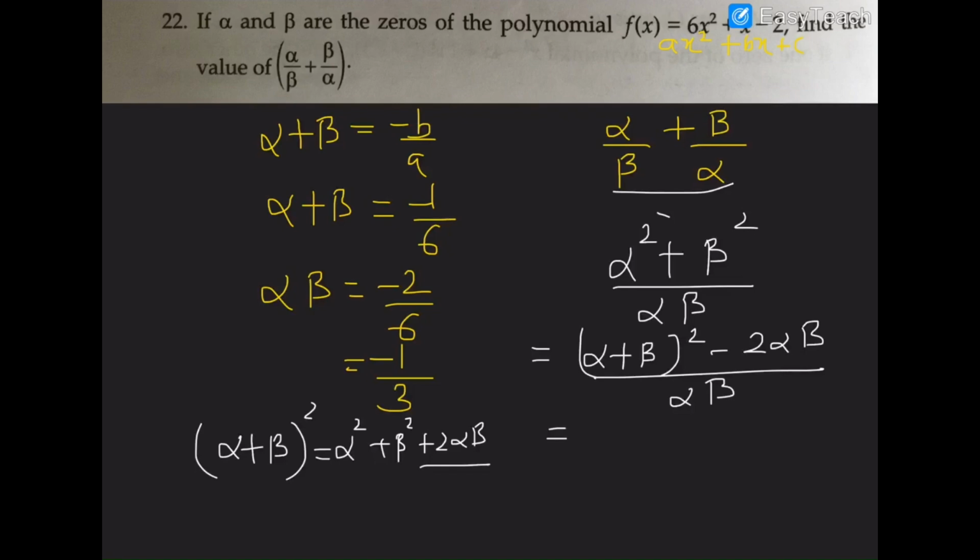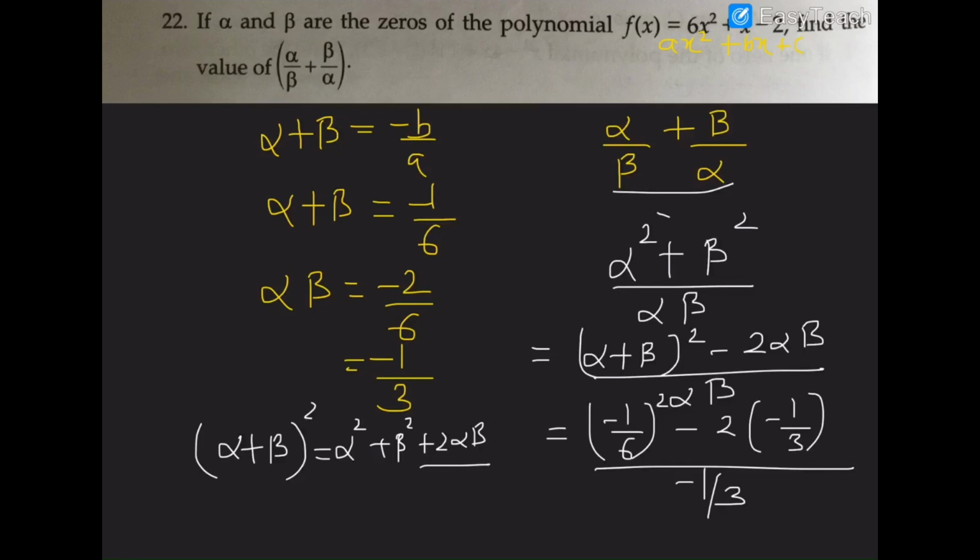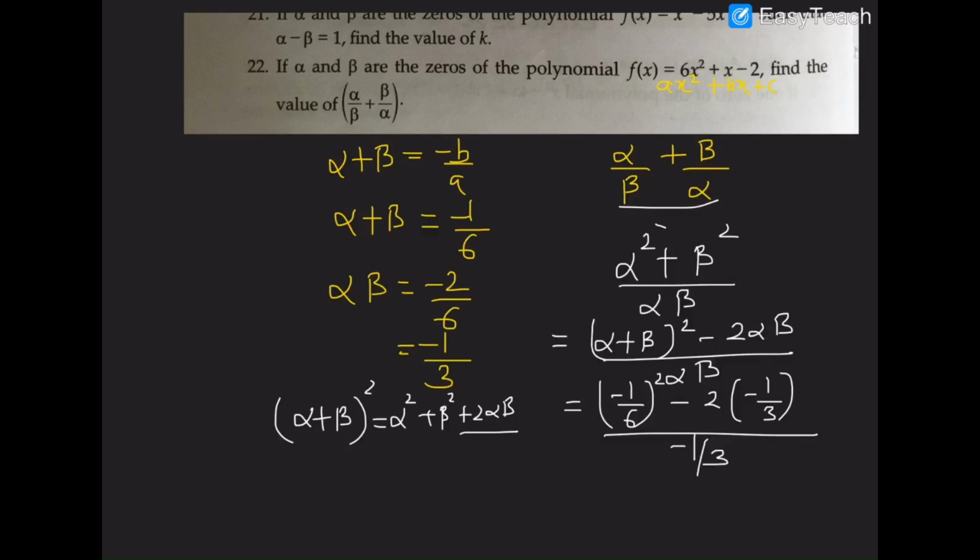So if we subtract 2 alpha beta, we will get alpha plus beta whole square. And we know what alpha plus beta is. Alpha plus beta is minus 1 by 6 whole square, minus 2 into minus 1 by 3, divided by alpha beta, which is minus 1 by 3. Okay. So from this, 1 by 36 plus 2 by 3 by minus 1 by 3.